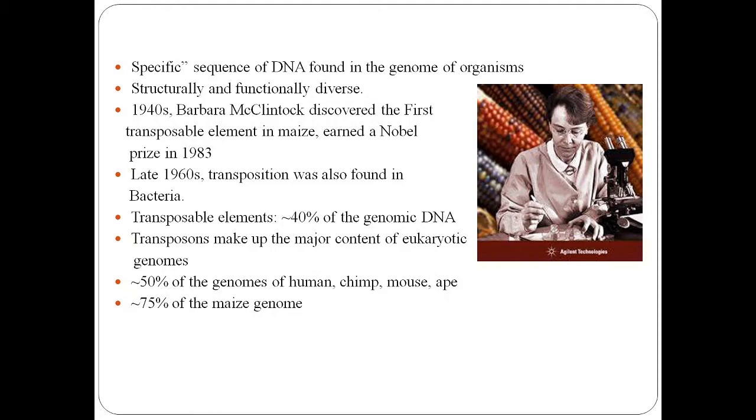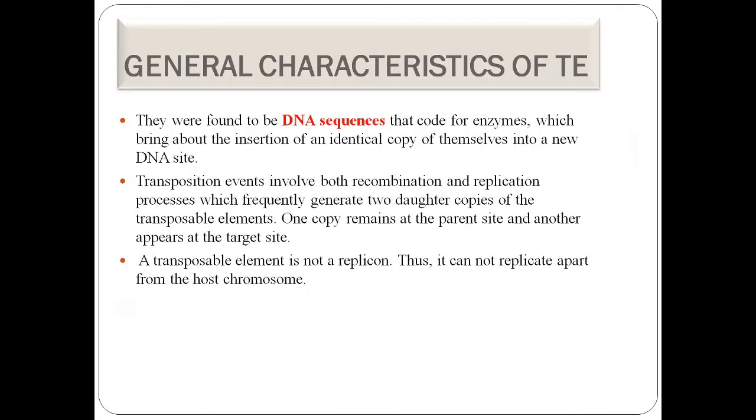These transposomes are also found in the eukaryotic genome. Approximately 50% of the genome of human, chimp, mouse and ape consists of transposomes, and 75% in the maize genome. So the first transposable element was found in maize, later on in bacteria, and last in the eukaryotic genome.